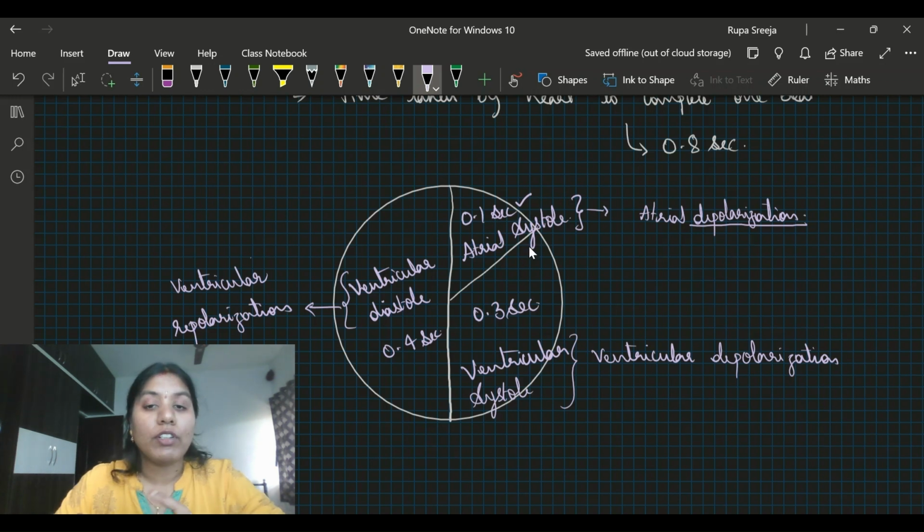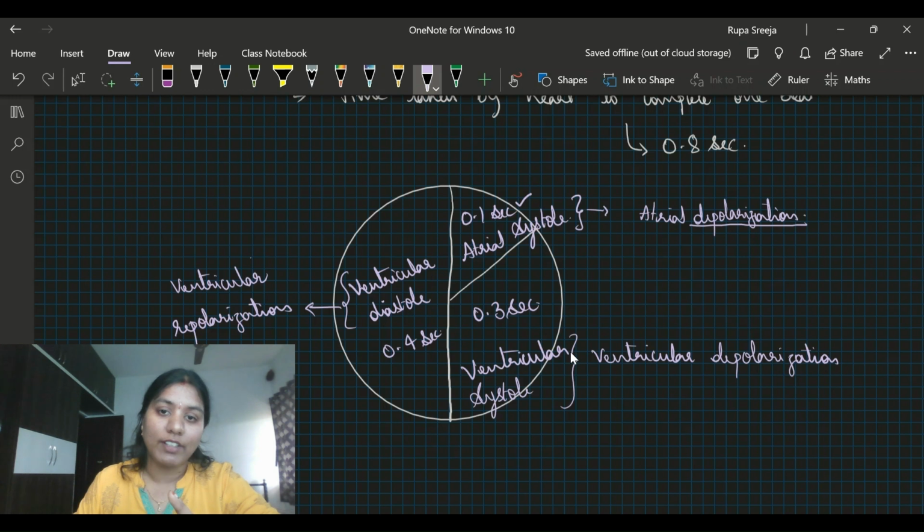Coming to ventricular systole. Ventricular systole means the entire ventricles, both right and left, are contracting, and this contraction takes 0.3 seconds. During this 0.3 seconds, what happens? The entire blood present in the ventricles enters into what?